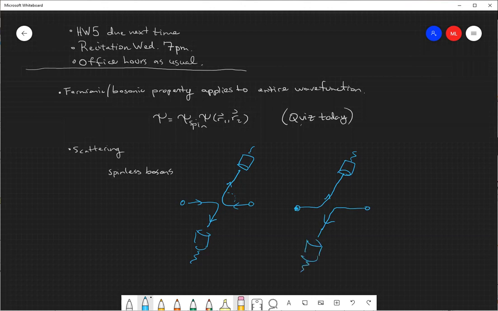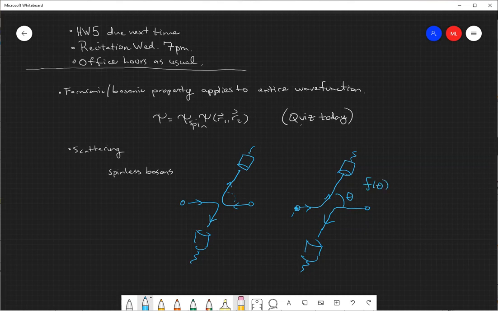If we think about it in terms of scattering amplitudes, for this process you're incoming in this direction and outgoing at some angle theta away from the x direction. So there would be an associated scattering amplitude of f(theta).